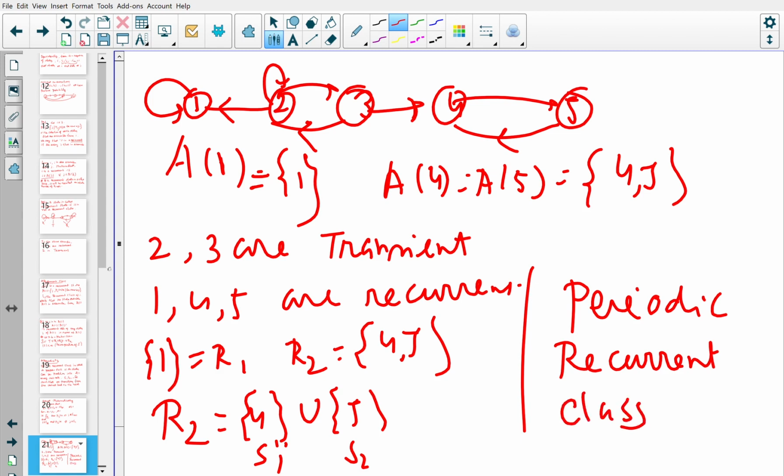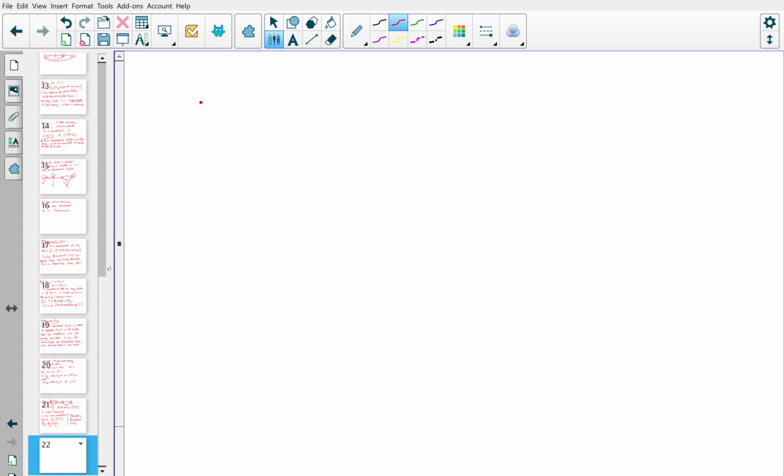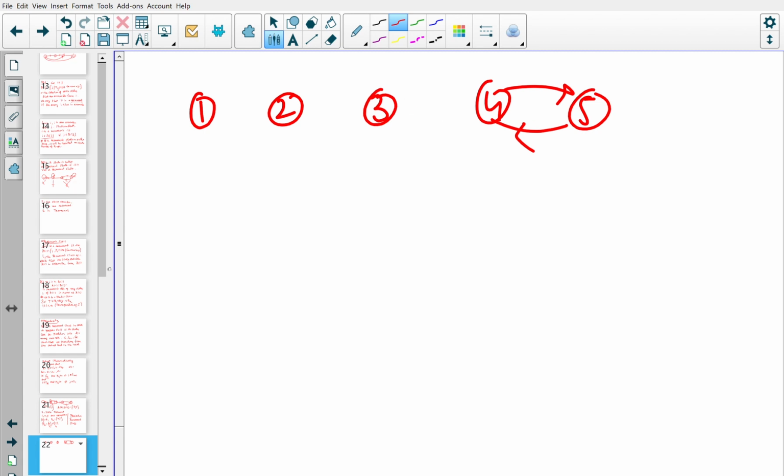Now the same example I can make aperiodic. How? Let me add one more transition, from 4 to 4, there is a probability.